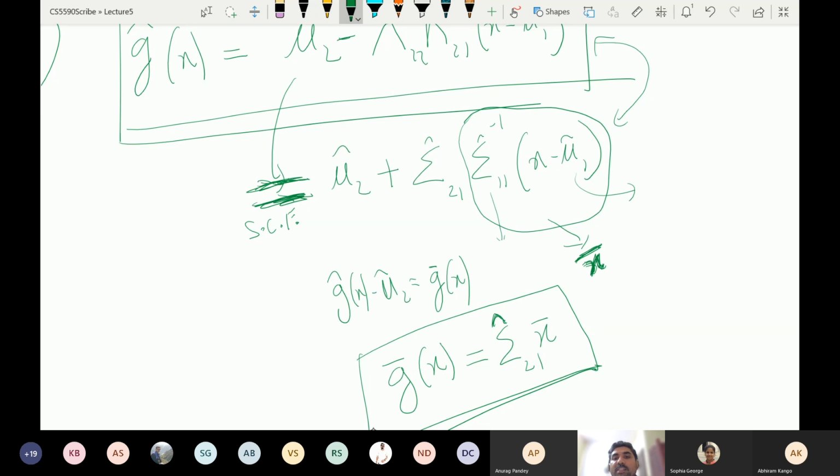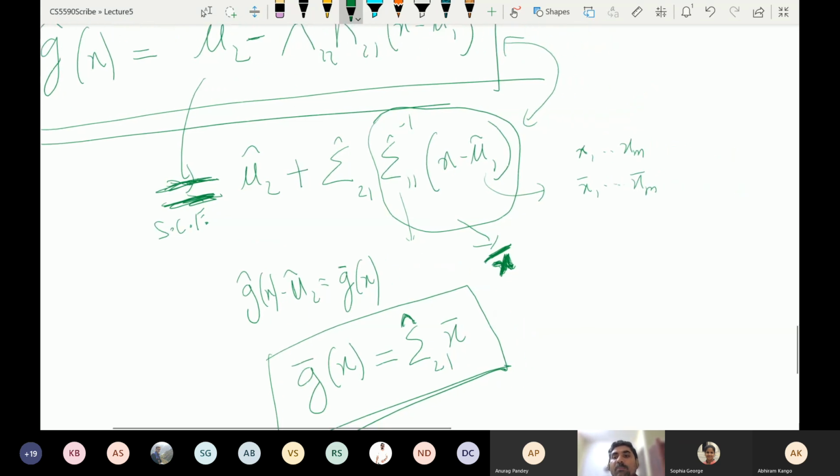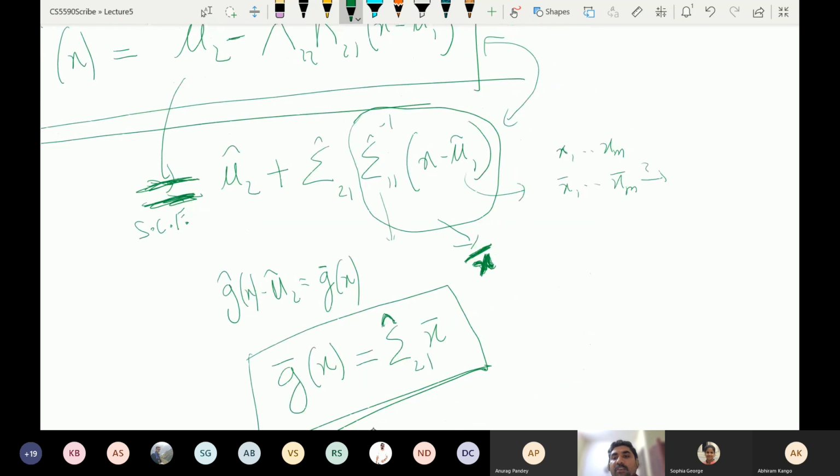Now, if I do such a computation and compute x bar and ask what will be the mean of x bar, did you understand my question? The data is x1 to xm. So instead, if I compute x1 bar to xm bar, what will be the mean, the average of this?